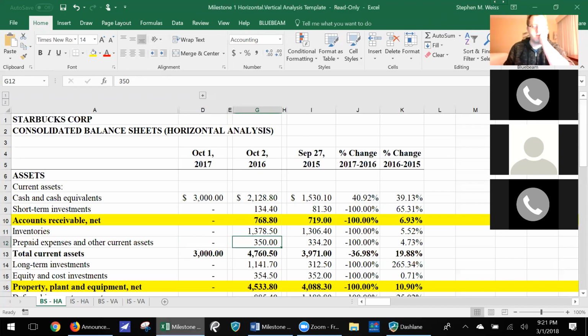I guess I don't understand what you're talking about here. Let me take a look at the spreadsheet, because from what I remember, it should be 350 here. If you see numbers in the October 1st, 2017 column, delete them. There shouldn't be any numbers in there, because you have to enter those numbers yourself.